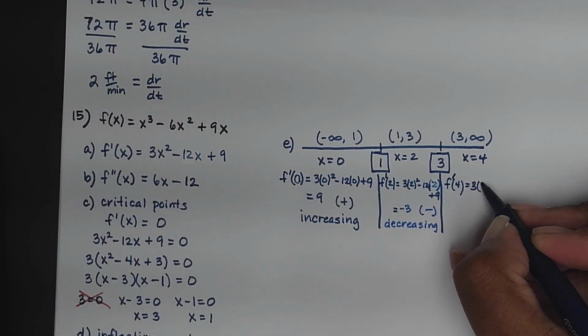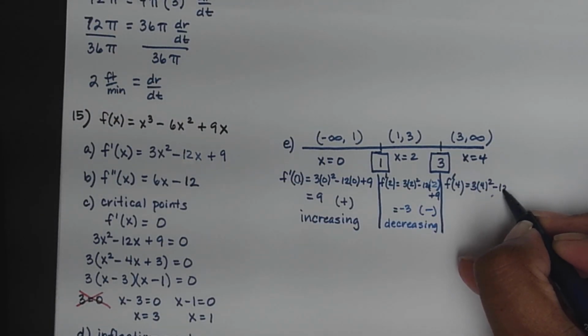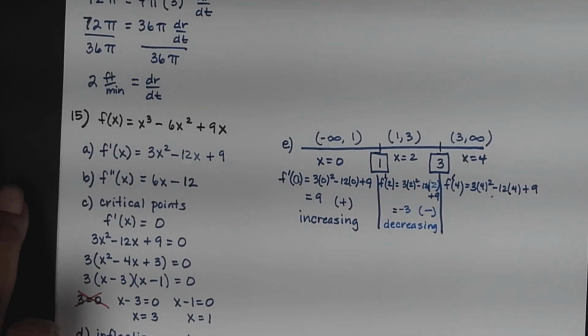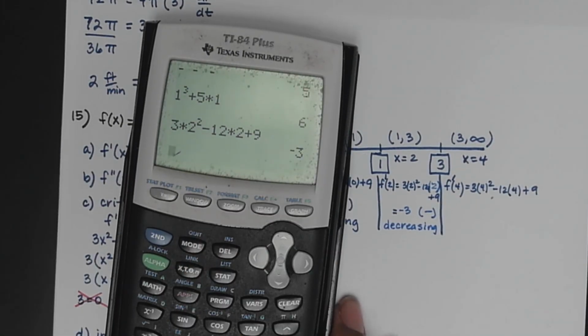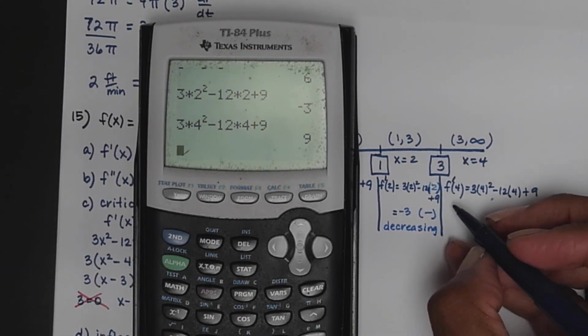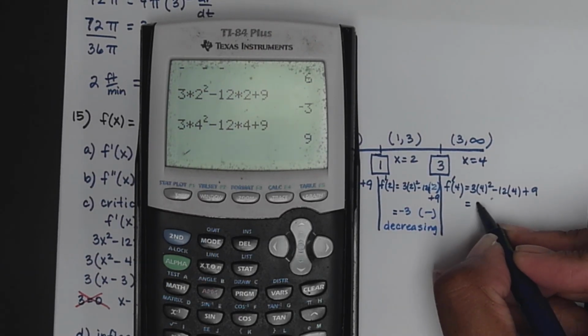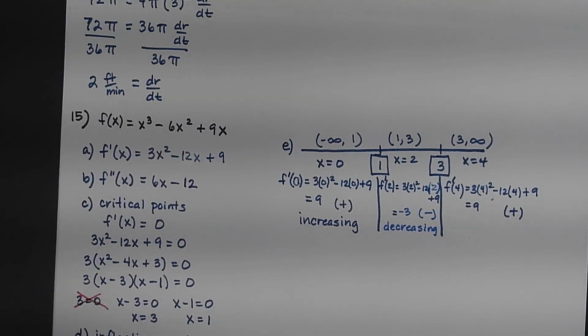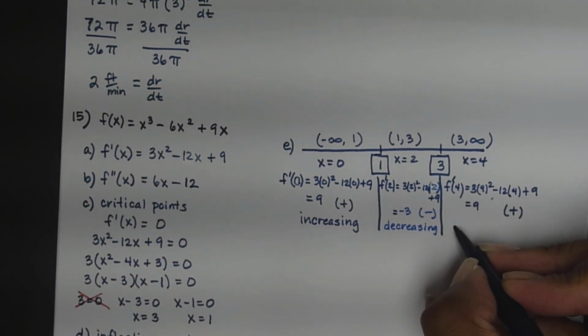So it'd be 3 times 4 squared minus 12 times 4 plus 9. And I get positive 9. And it is positive, as I mentioned. So that means from 3 to infinity, the graph will be increasing.